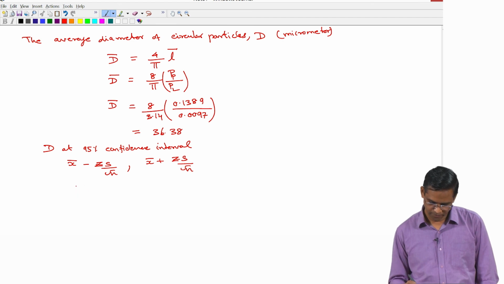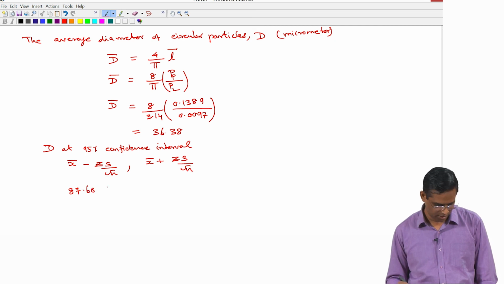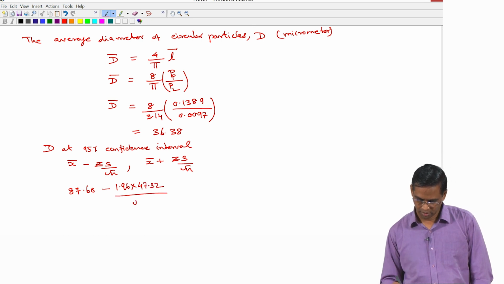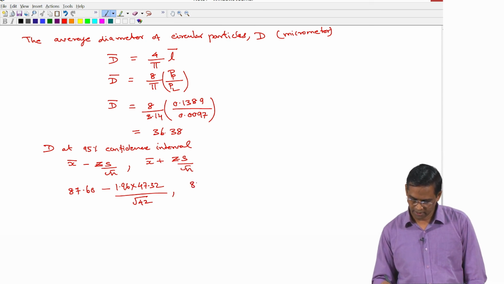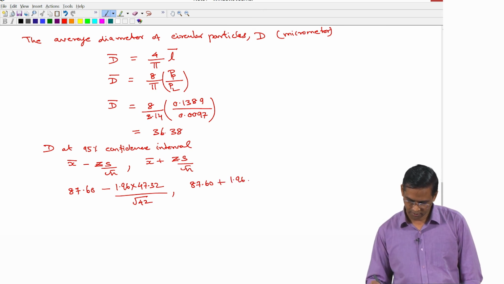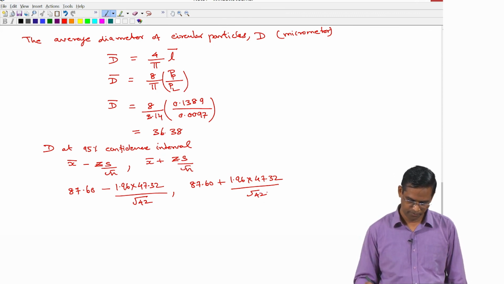The average D is 86.60 minus 1.96, as per the normal distribution, times the standard deviation 47.32 divided by the square root of 42. The other limit is 86.60 plus 1.96 into 47.32 divided by the square root of 42.